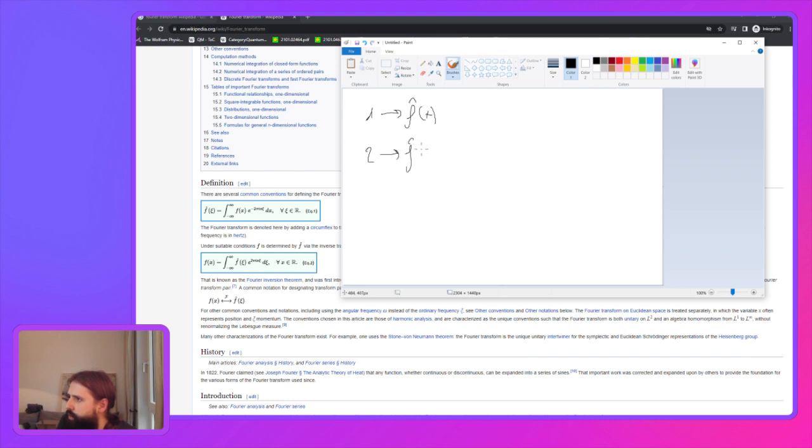Frequency 2, and then you have another function, right? And each of these you can obtain by doing the integral.